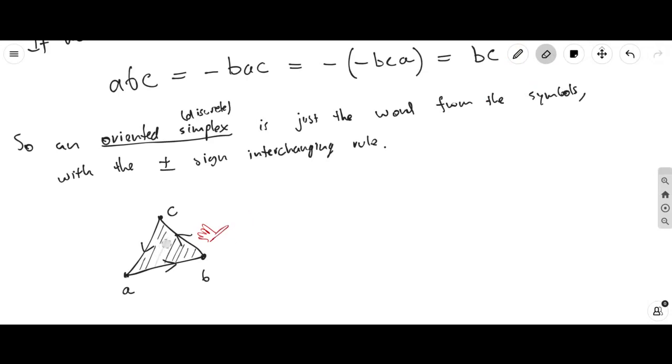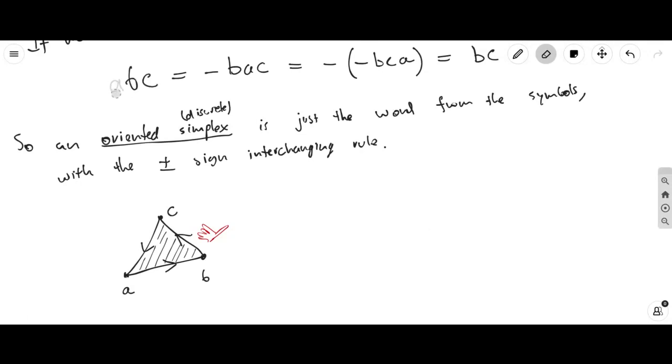So it will either point towards you or away from you. And the way you determine which direction the thumb points is you curl your fingers, and the fingers have to follow this orientation. So if you try doing this yourself, you will notice that your fingers go according to that rule. And so this is supposed to represent this word.